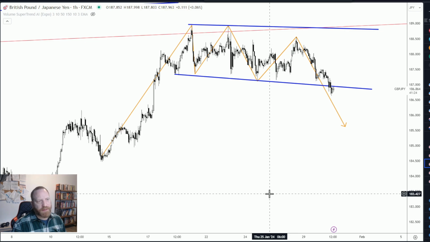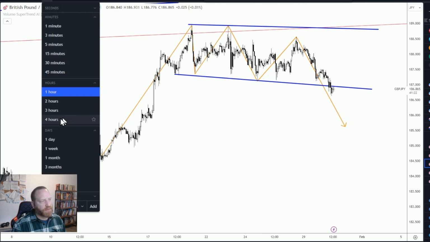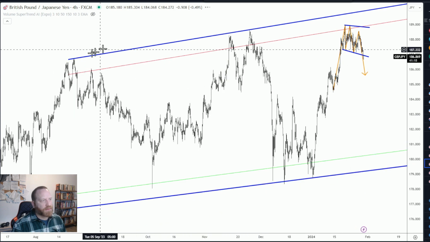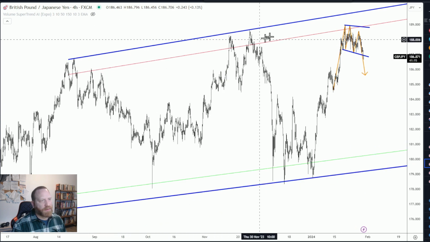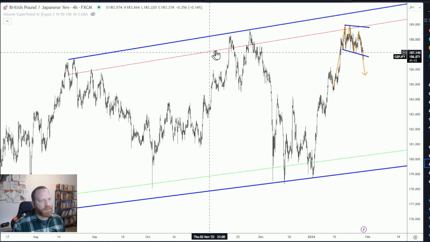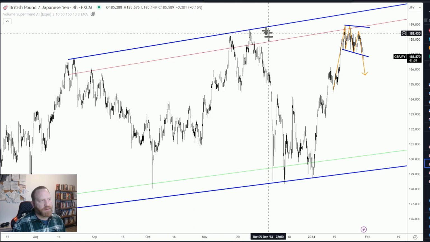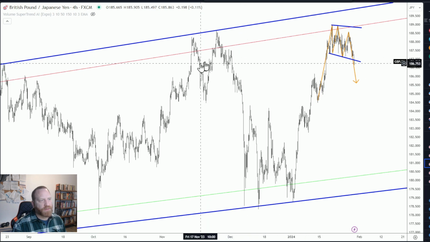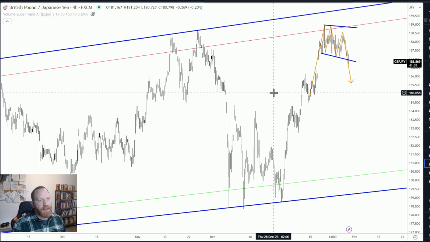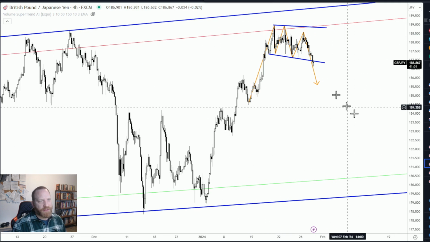The reason being that if you look here, this is the channel, the upper resistance, where we have a small channel here where you see that these are typical overbought zones where you have these V-shaped reversals. And we've just barely touched on it.